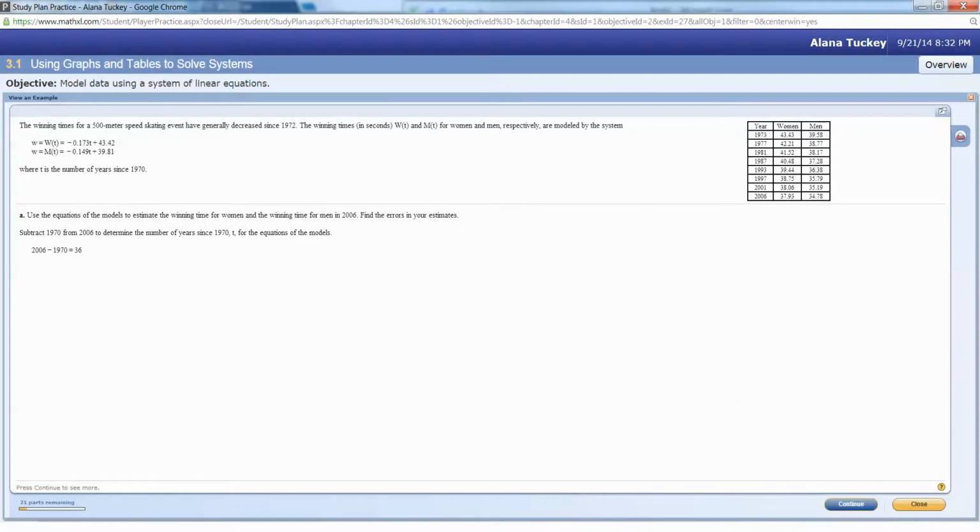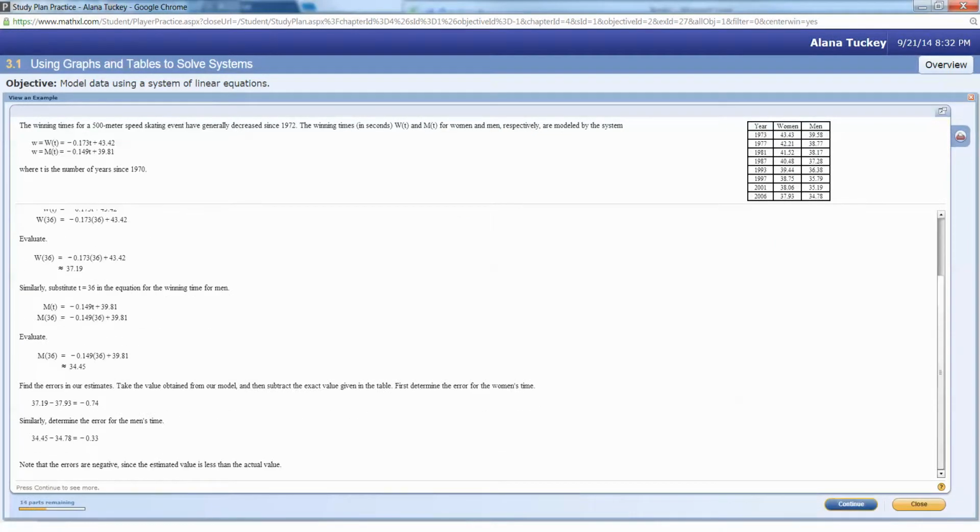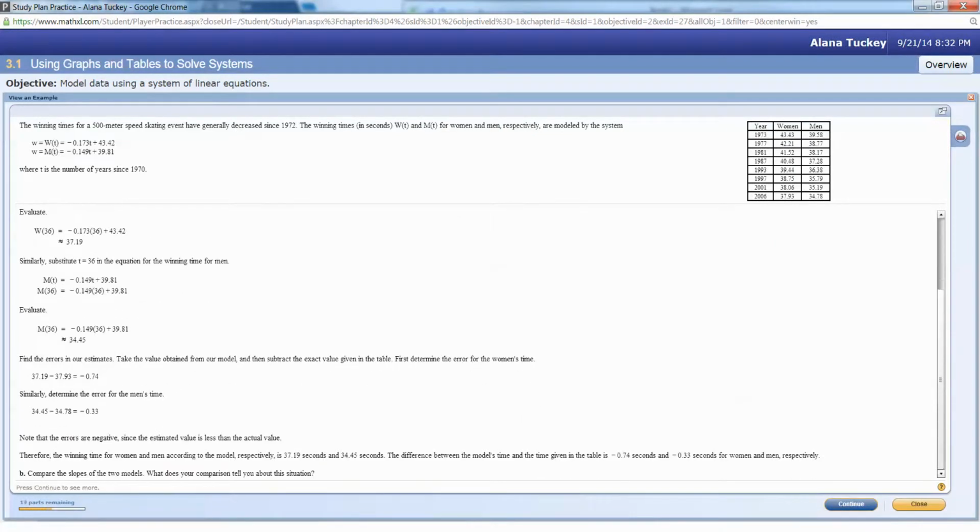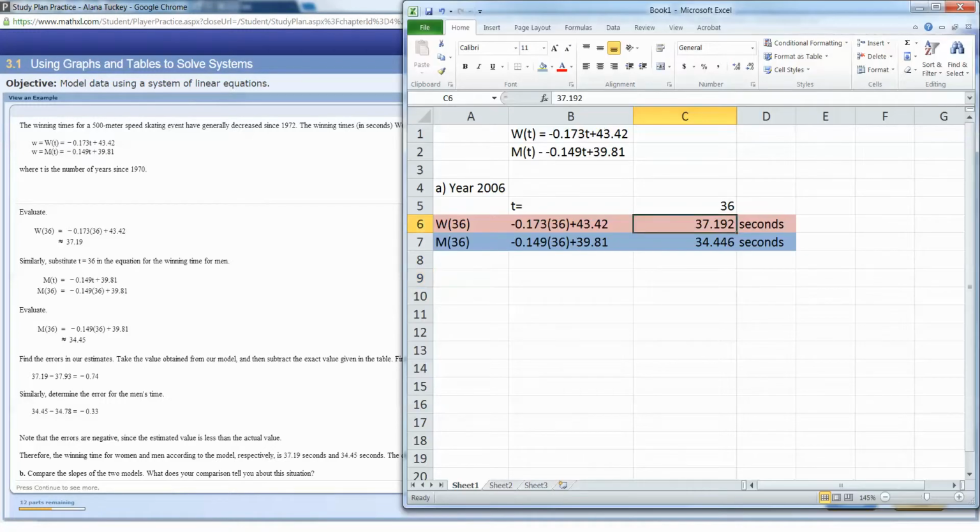All right, so let's double check with ourselves. And they say 37.19 and 34.45, so we're doing really well there. They rounded it to 2 decimal places, and that's fine. All right, so next they wanted to know the errors, so let's find those. Error is how off you were, right?